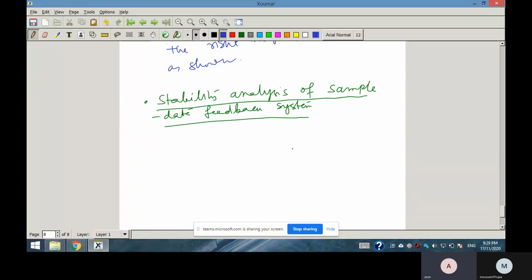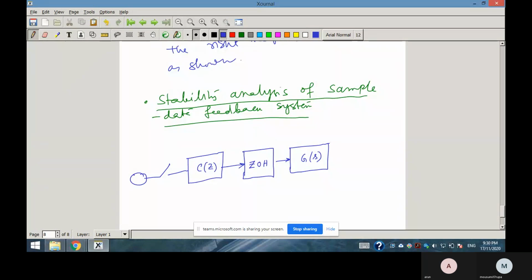So suppose this is your sampled data system. As I said, in the case of a sampled data system, the plant is continuous time. This is the feedback diagram of a standard sampled data system: zeroth order hold, then your digital controller C(z), and then your sampler. This is your feedback system.